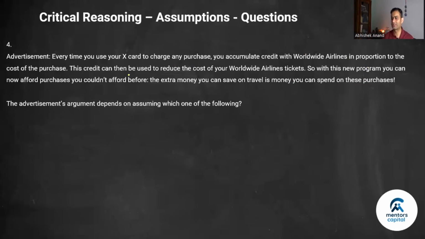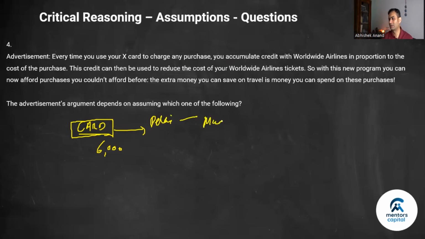Now the structure is, let's say if I use my card, and I'm just throwing in numbers randomly, I'm using my credit card and I spend 2,000 rupees. Let's say I was going from Delhi to Mumbai and the cost is 6,000, right? Now, if I use these cards, I get credit worth 6,000.